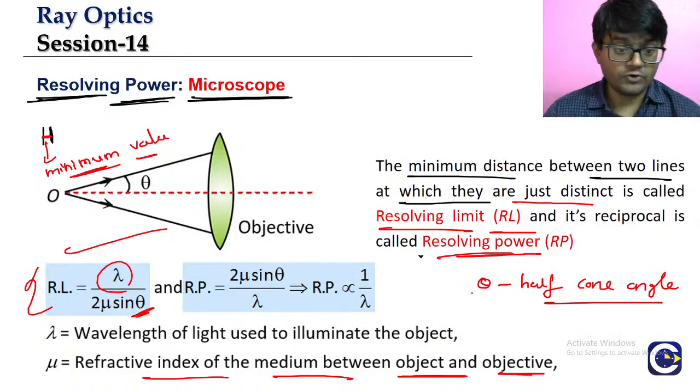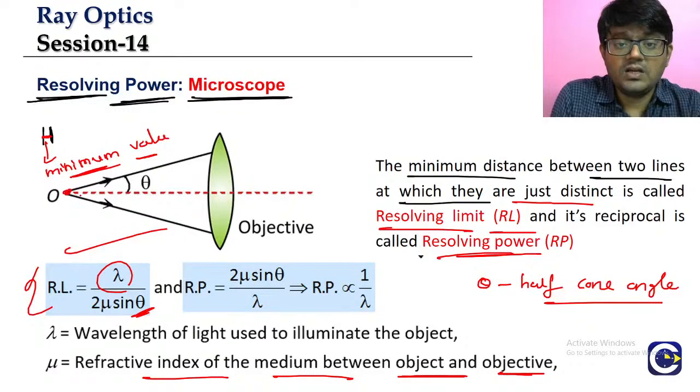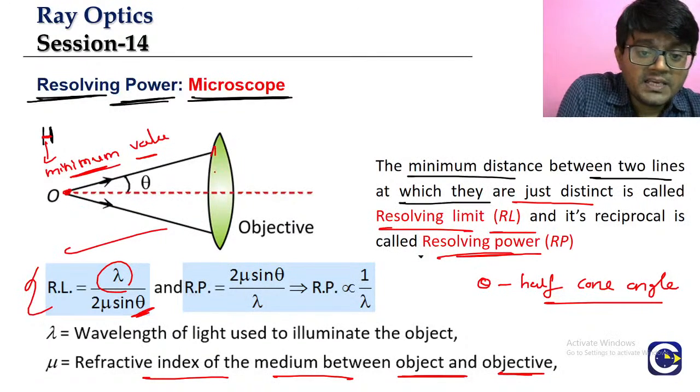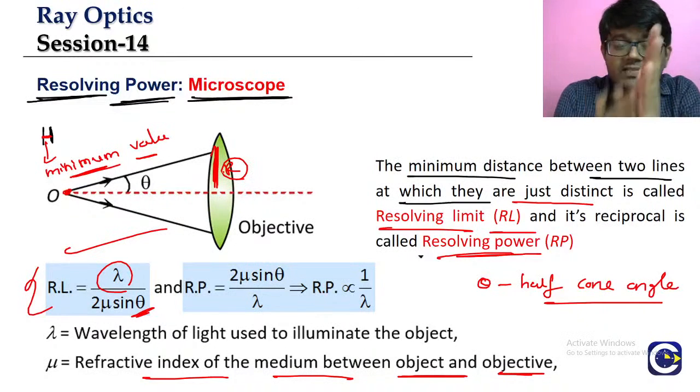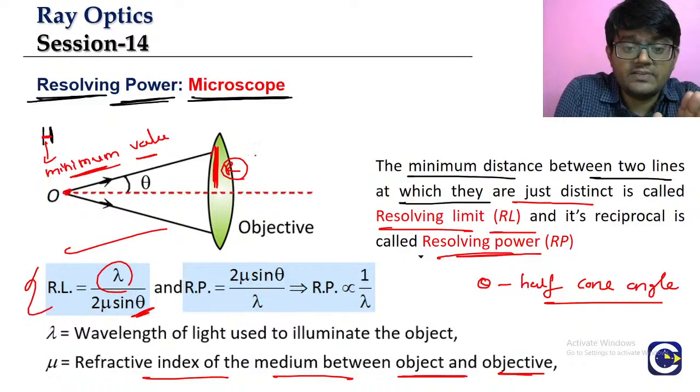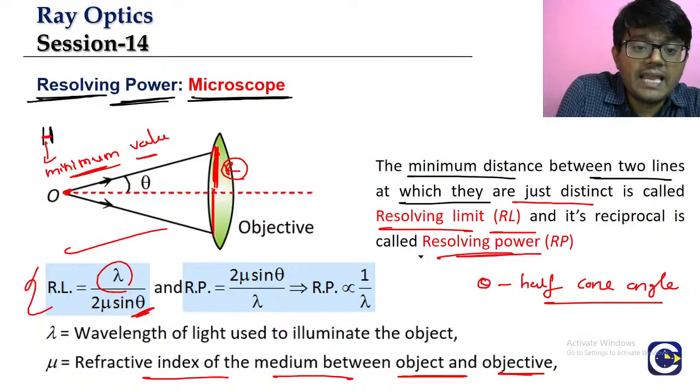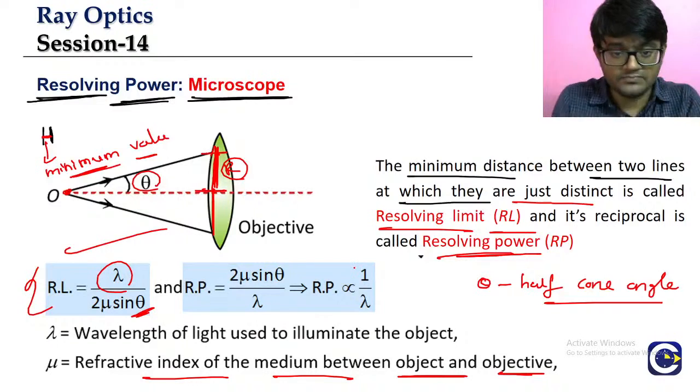Half cone angle means here you have an object. The lens will have an aperture, right? Full aperture means the diameter. We look at the angle surrounded by one radius, that is the half cone angle. You see it like a cone.